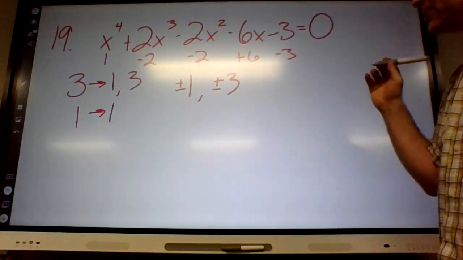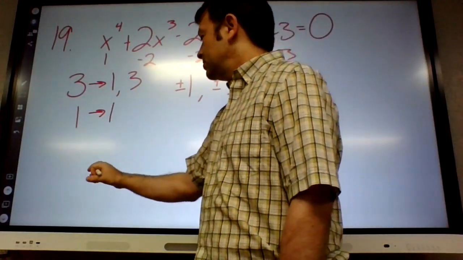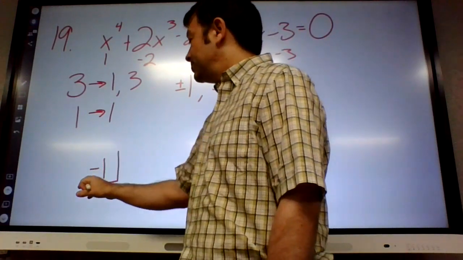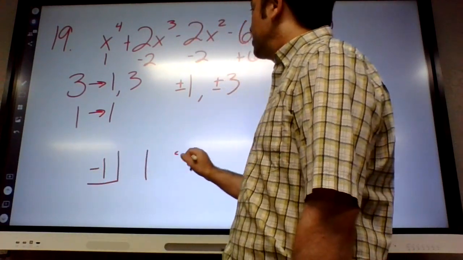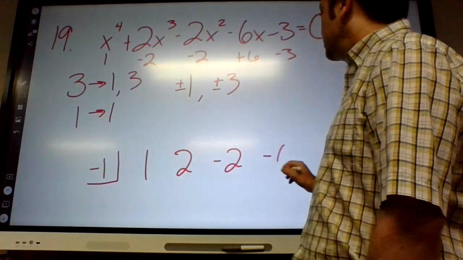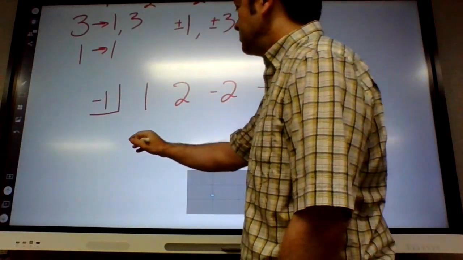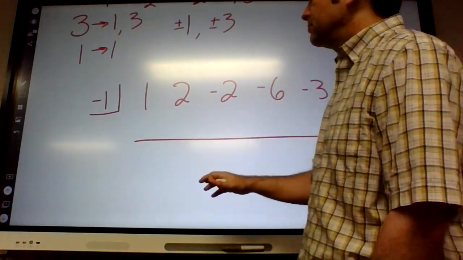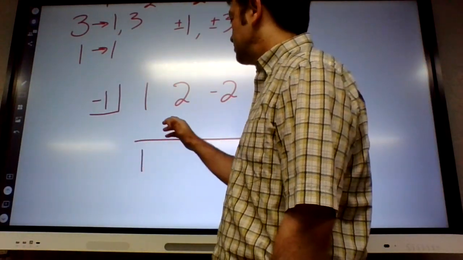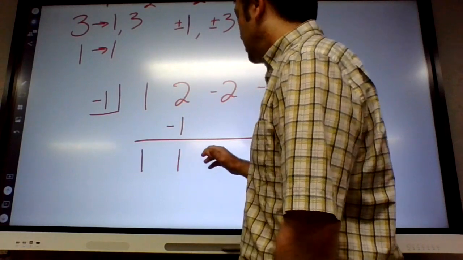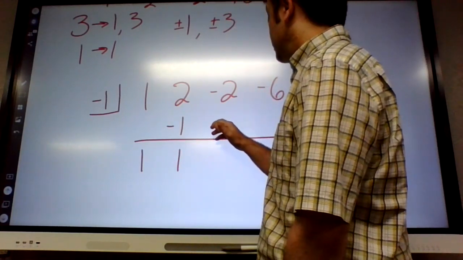So that does actually work. So -1 is a solution. And I'm going to divide it out. Adding down, multiplying up.